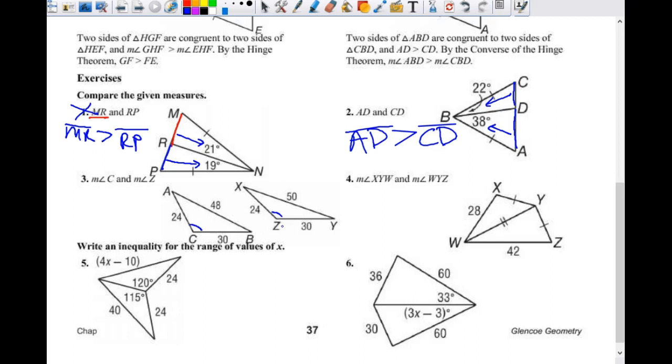Okay, you can rewrite it if you want. All right, Blake, you're up.